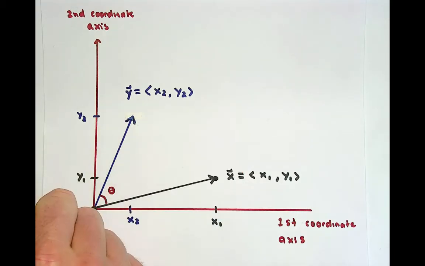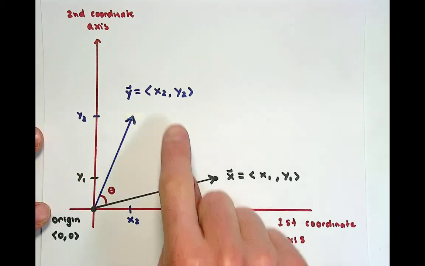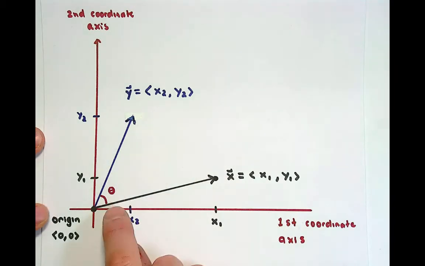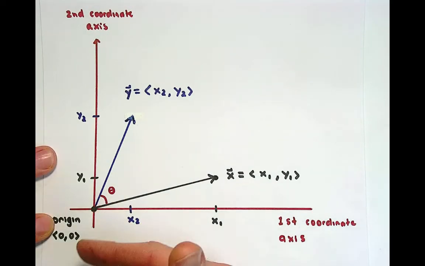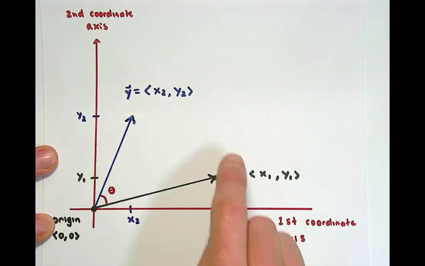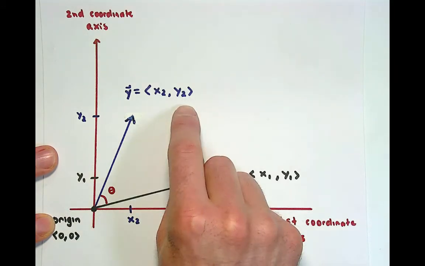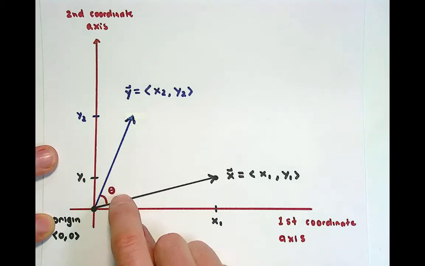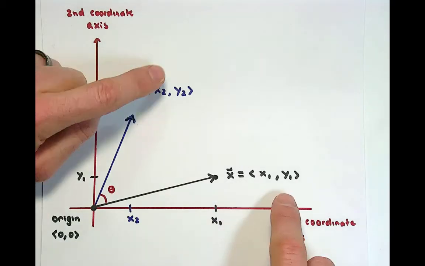What's interesting about this is that a priori, which means before we've investigated, if we only have these components, we don't know what the angle is. When we're constructing the cross product, we're going to try to construct a formula that does not depend on the angle, only the components that we're given.